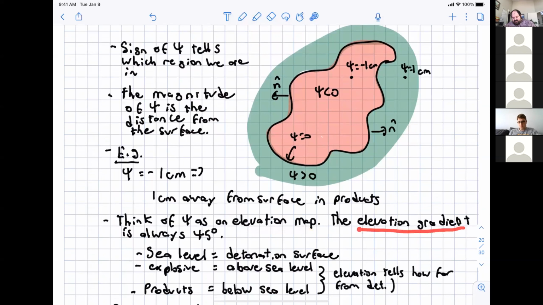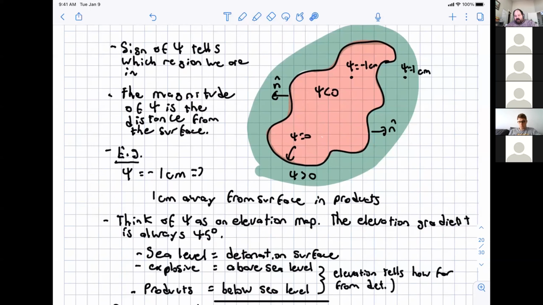And basically no matter where we are standing, here or here or here, the slope is always 45 degrees. Now that 45-degree slope might be pointing in different directions, but it is always 45 degrees.